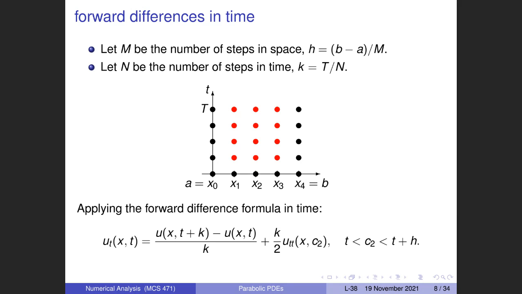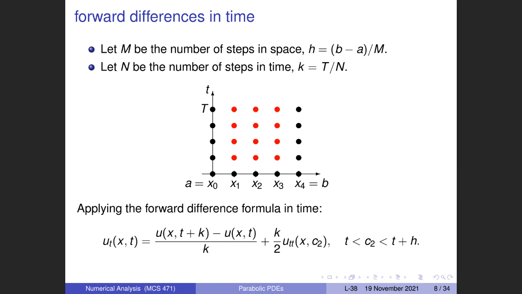So what are the parameters here? It will become a linear algebra problem. So the leading dimensions, the main dimensions, are the number of points that we have in our grid.